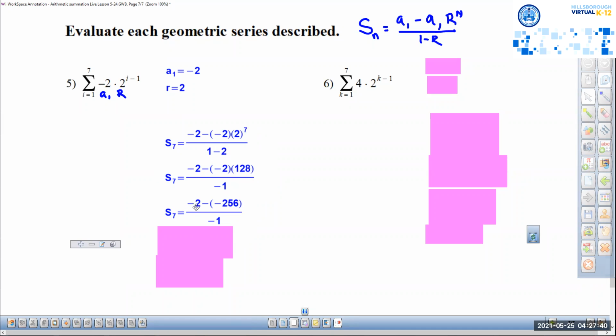So that's -2. When you subtract a negative, that is the same as adding, because a negative times a negative is positive. So -2 plus 256 is 254. Divide by -1, and you get -254.